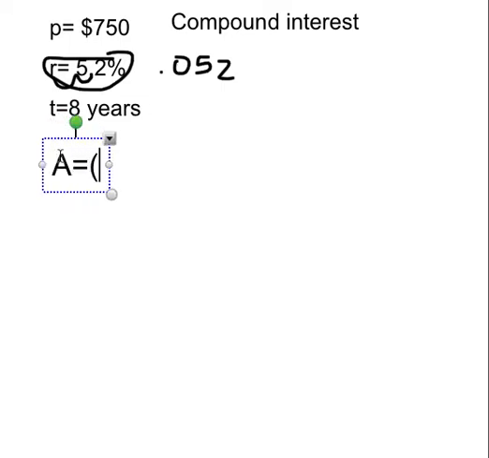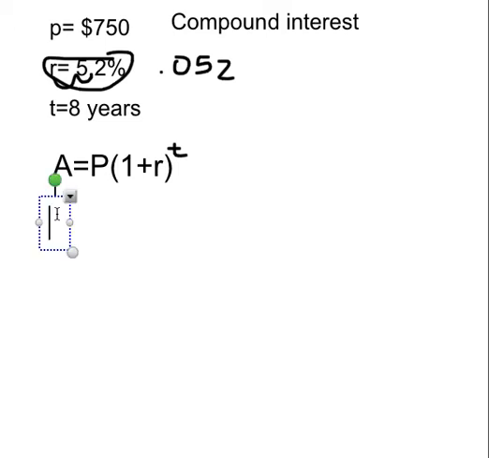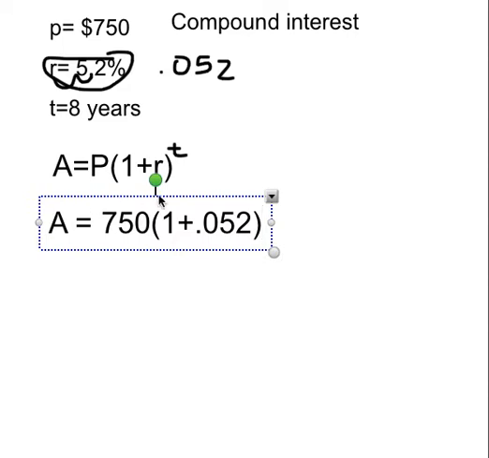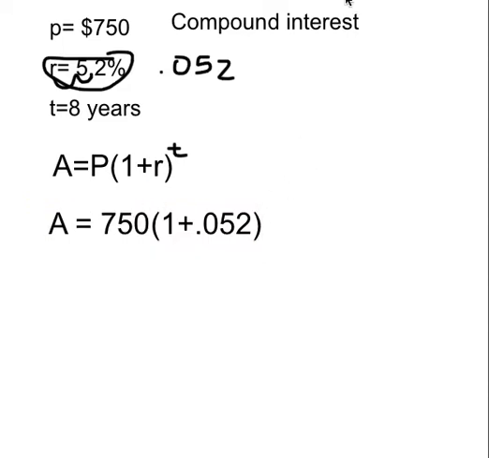A equals P parenthesis 1 plus R parenthesis to the T power. So when we plug in our numbers, it looks like this. A equals 750 parenthesis 1 plus 0.052, close the parenthesis, to the 8th power. It's a long time, it's 8 years.